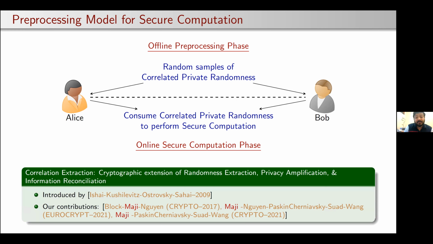Observe that the pre-processing phase creates samples ahead of time. So it is natural to wonder, what if an adversary performs side channel attacks to compromise some of these samples? Then one has to investigate privacy amplification or information reconciliation problems in the cryptographic context.